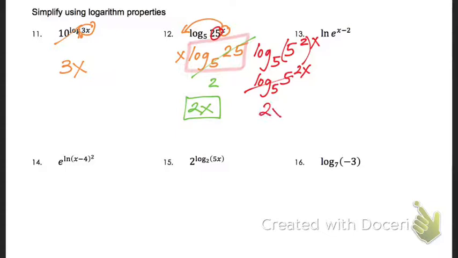This cancels, and I'm left with 2x. Either one works. I think I prefer the first way, but you may not be like me, so that is okay. So try doing, let's see, try doing 13 and 14.